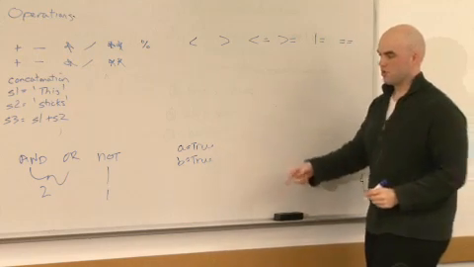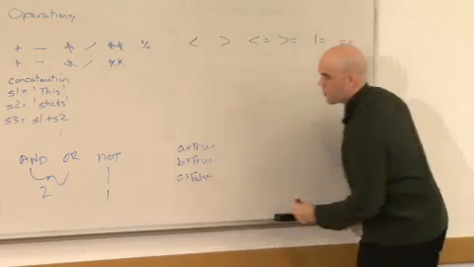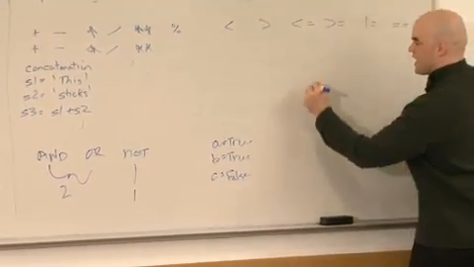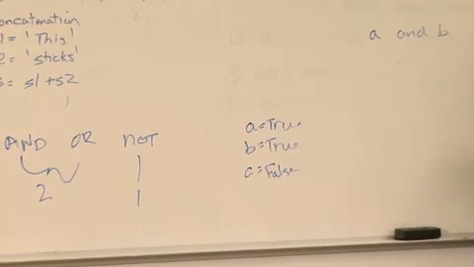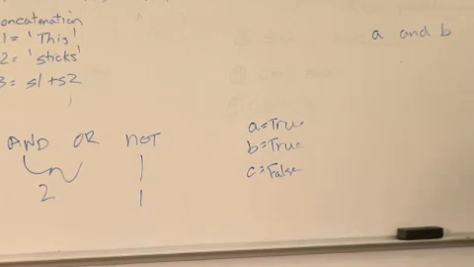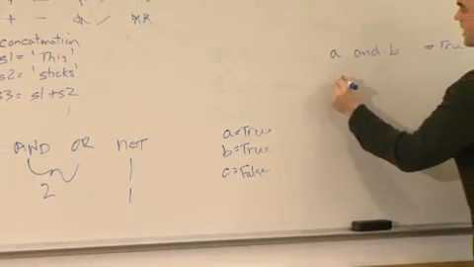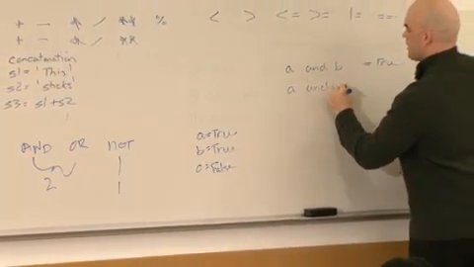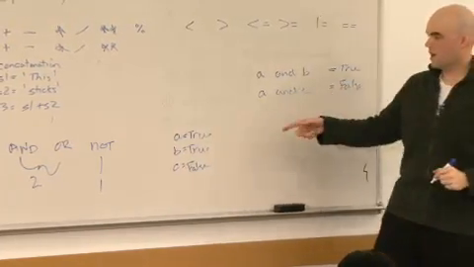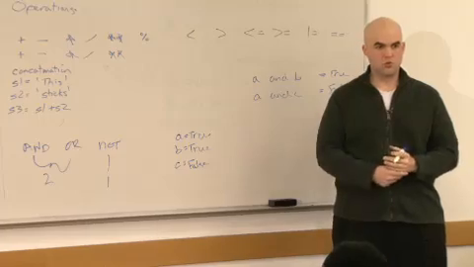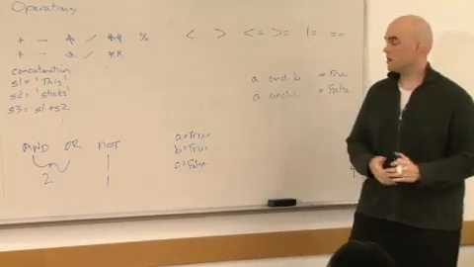What they do is, if you have something like A is true, B is true, C is false, and you say A and B, then this entire expression is going to return true, right? If I say A and C, this will be false. And returns true if and only if both operands are true, false otherwise.